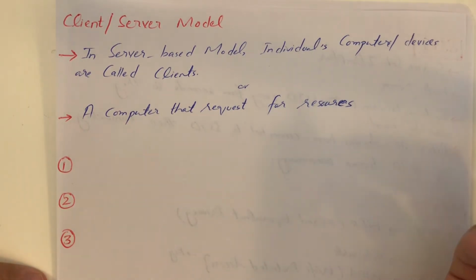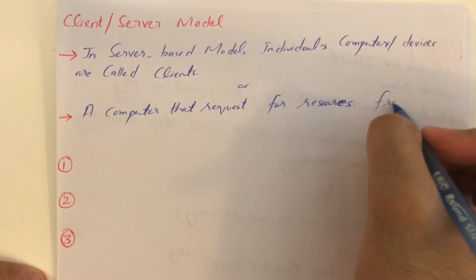Resources could be a web page, images, or services from another computer on a network.